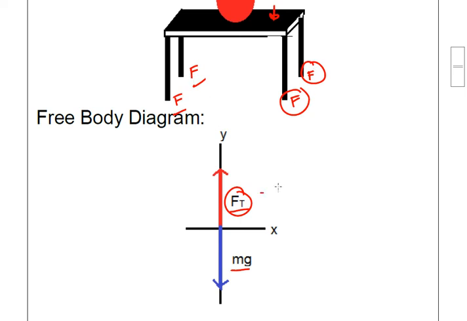So we may write this as Ft is equal to 4 times the F's that we have in here. It is equal to 4F because there are 4 supports. Then you have here a singular figure representing the entire force that is supporting the mass resting on the table.